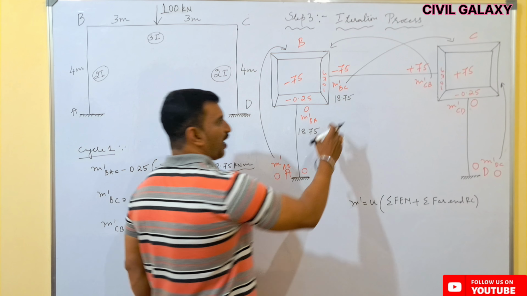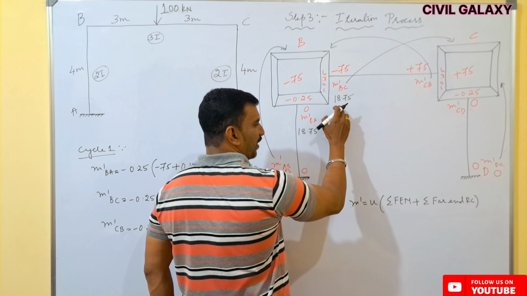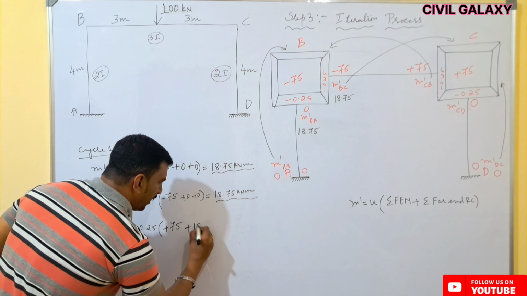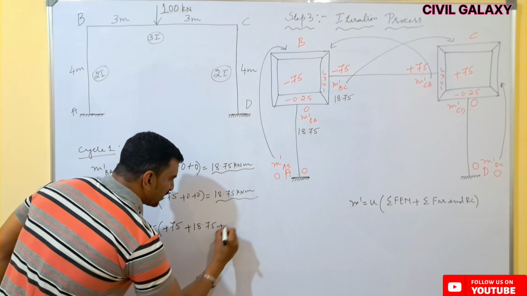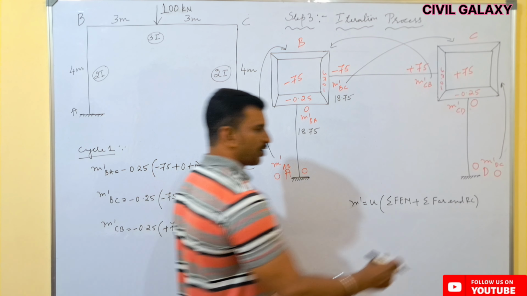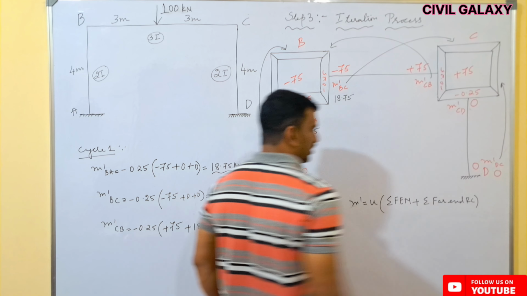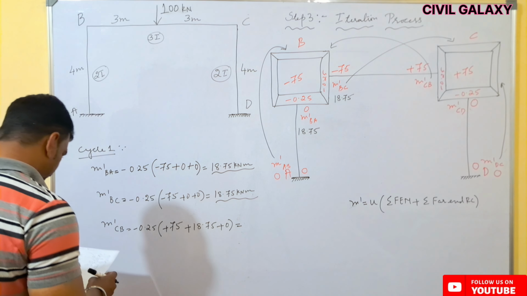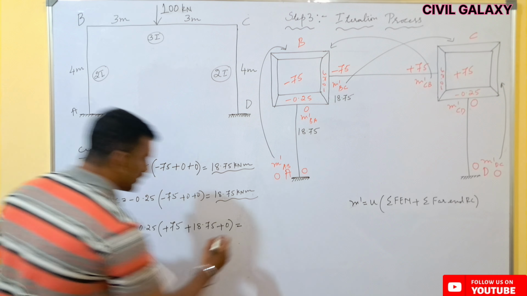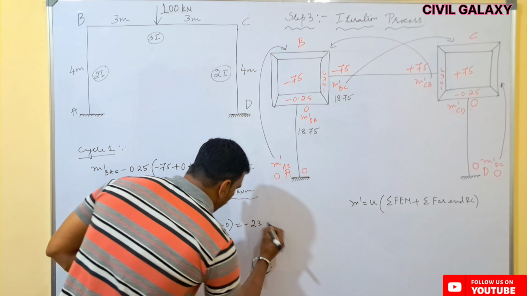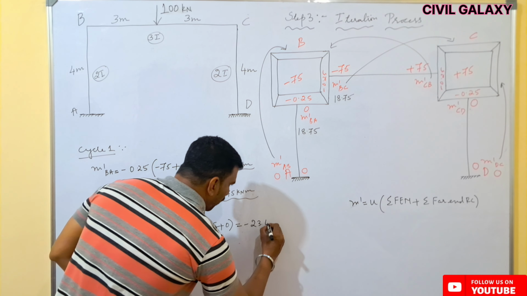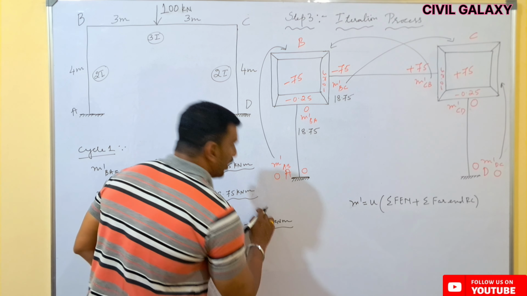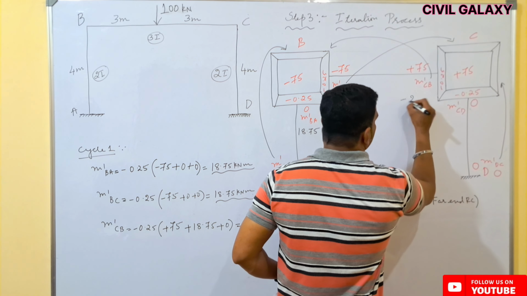And here if we see the far end rotation contributions, here we have got a new iteration value, which is plus 18.75 plus 0, because the far end rotation contribution about m dash DC here is 0. So we are having a value of minus 23.44 kilonewton meters.